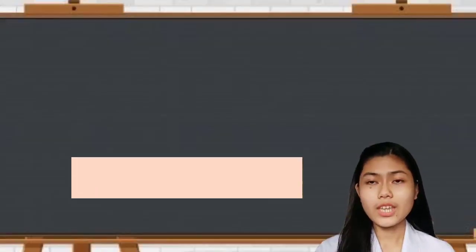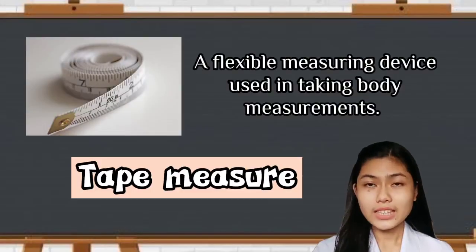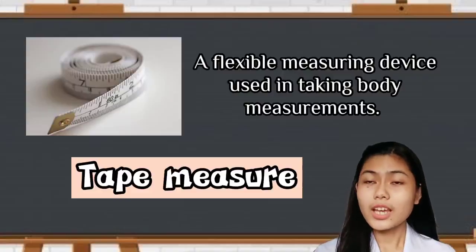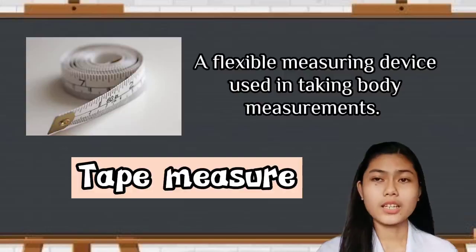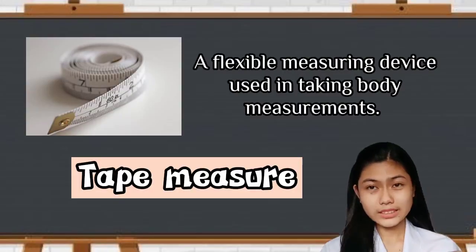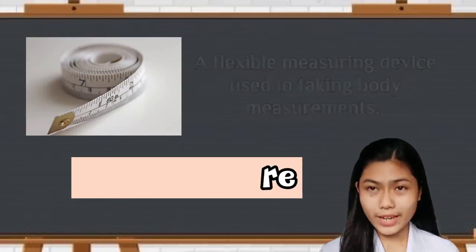First, we have the tape measure. It is a flexible measuring device used in taking body measurements. It is a common tool that dressmakers always carry when they are taking measurements for the cloth that they are going to create.